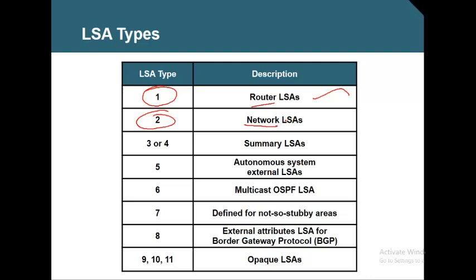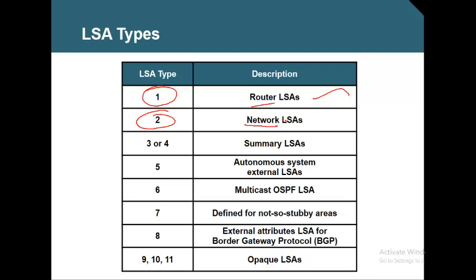Why should I have two LSAs which are local? You know about DR and BDR. Right. Will DR other advertise to other DR other? No. Will a DR other router form full adjacency with another DR other?